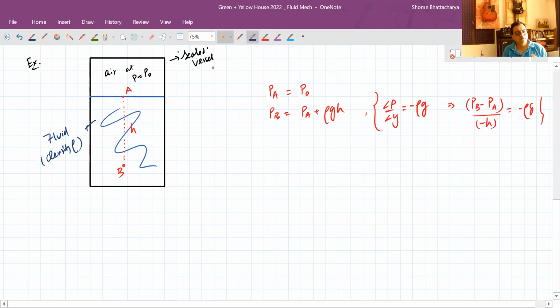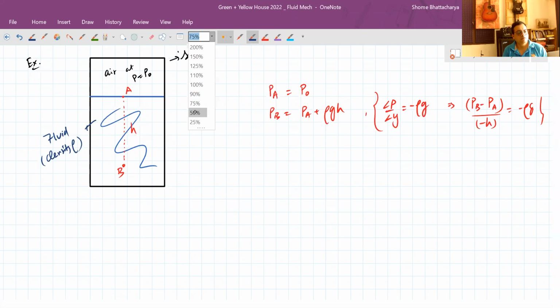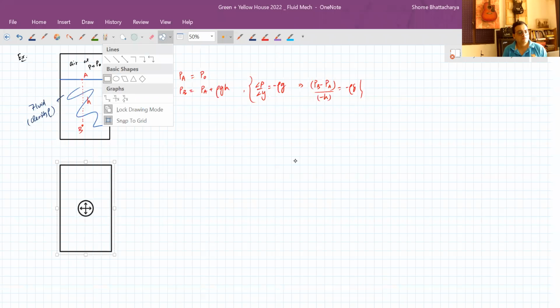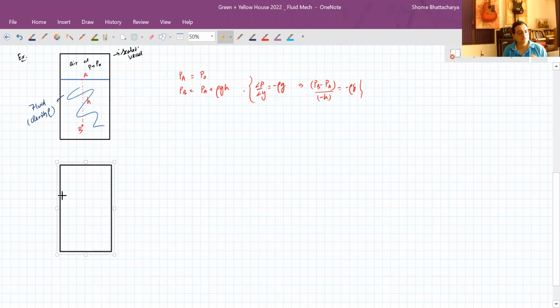Now suppose next what we do is we create some pressure change by, for example, pumping out the air partially. So we keep everything else the same in the container, but we remove some of the air which is in the part of the container which is above the fluid level. So now we put an air pump here.